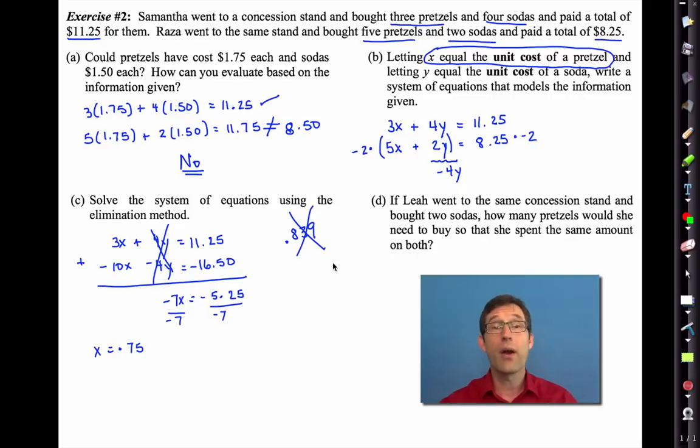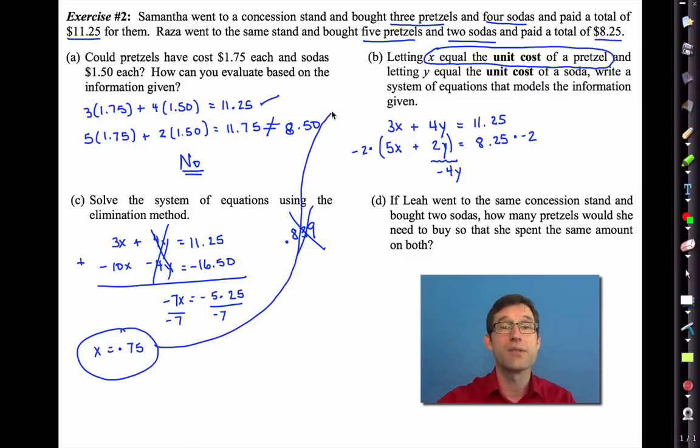Now, we still need to figure out what y is. So we can take that x value and we can substitute it into either one of the original equations. I wouldn't substitute it into the transformed one, but I think I'm going to plunk it right in here. We don't have a lot of room, so I'm going to try to squeeze it in here. We have 3 times 0.75 plus 4 times y is equal to 11.25. 3 times 0.75 is 2.25, plus 4y is equal to 11.25.